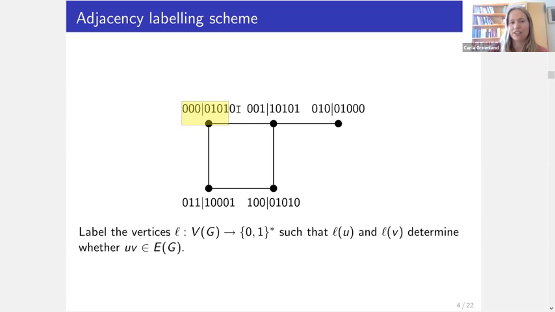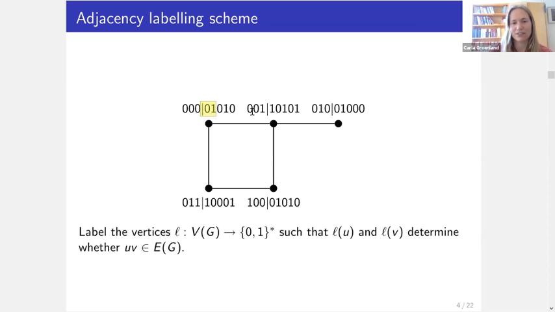So how much smaller can we make such bit strings? Does anyone see anything that we can improve in this scheme? There's a bit of redundancy here in that both 0 and 1 have encoded the adjacency between 0 and 1.